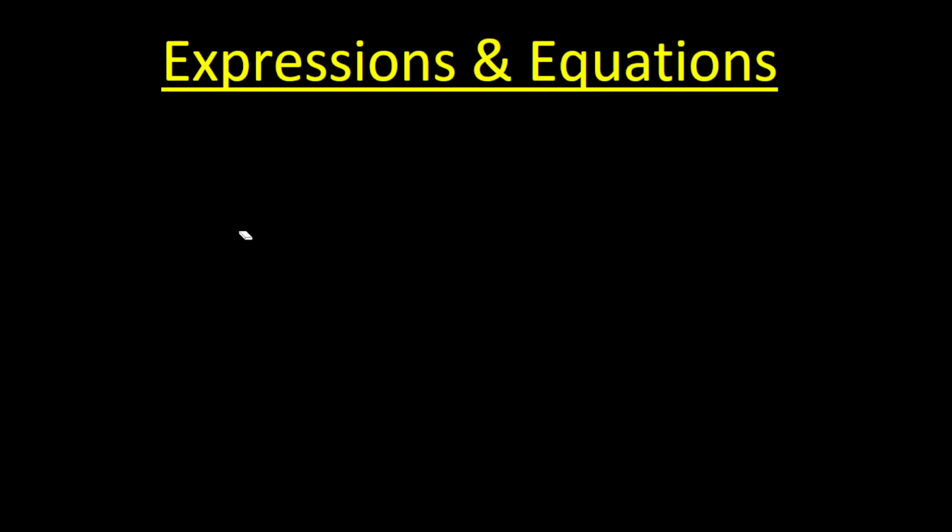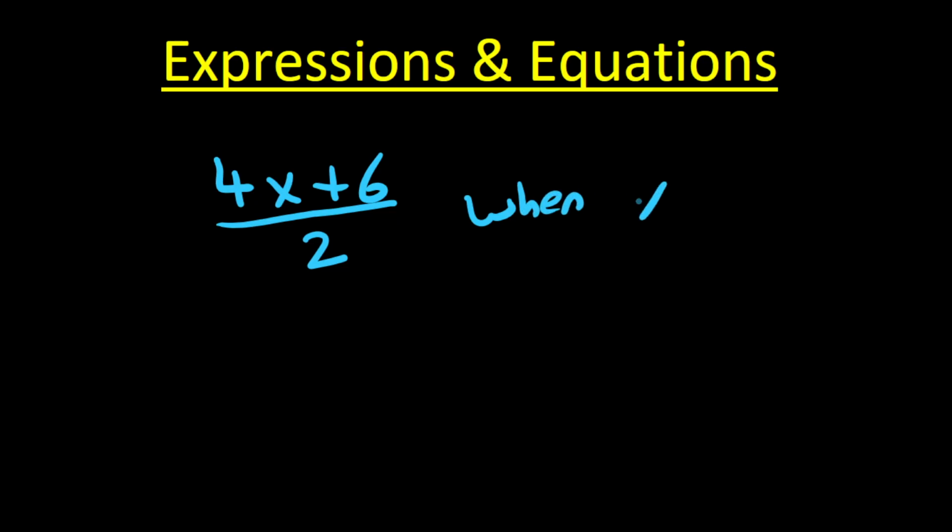So let's go through a few more examples of first expressions. Let's say we have 4x plus 6 over 2 when x equals 5. So this is an example of evaluating this expression, 4x plus 6 over 2 when x equals 5.